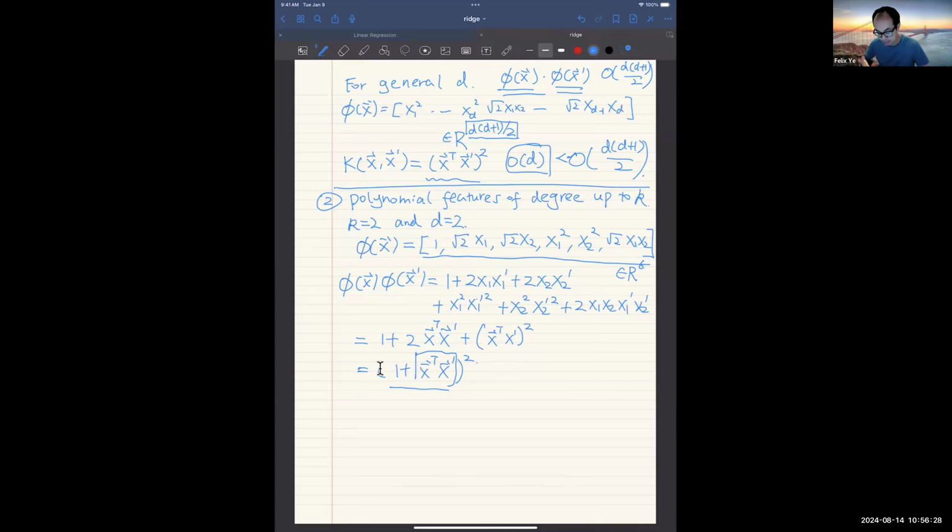So the cost of doing that is significantly cheaper than writing out phi x explicitly and then doing the inner product of phi x and phi x prime. We can do all sorts of complexity analysis with this.